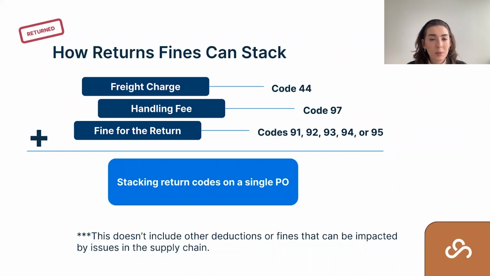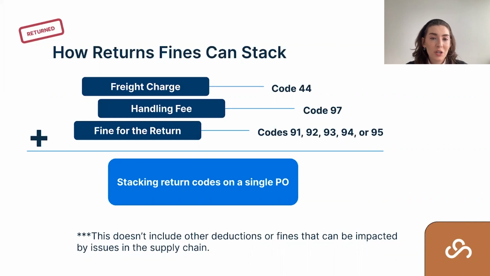That's the actual fine for return. Then you're also going to see a handling fee, depending on how your online supplier agreement builds out the return process. And then a freight charge, code 44, for returning that product back to you, or whatever the process is.